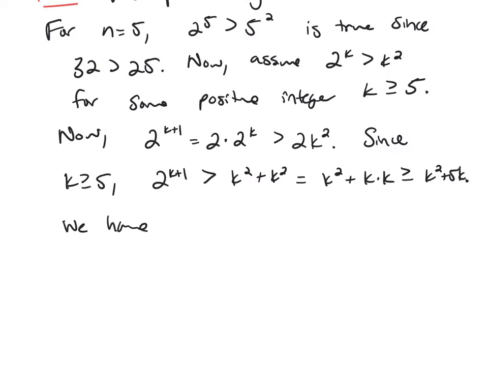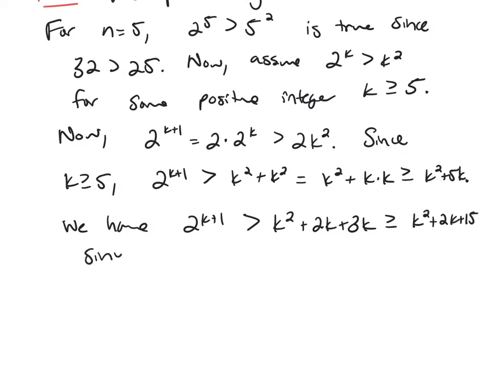We have that 2 to the k plus 1 is greater than k squared plus 5k, which is k squared plus 2k plus 3k, which is greater than or equal to k squared plus 2k plus 15. That's because k is greater than or equal to 5.